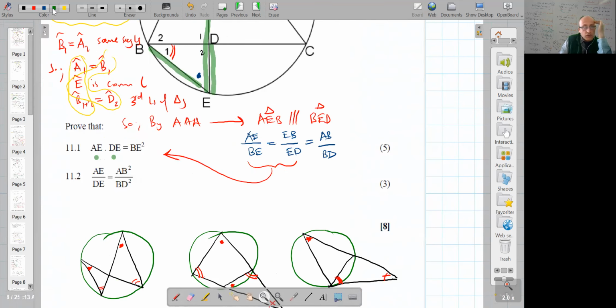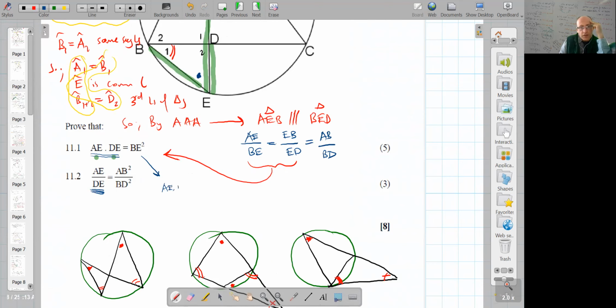What am I going to do to be able to use the previous step? Remember, this left side is AE times DE, but that left side is AE over DE. You know what I will do to get the one on the left? I divide both sides by DE square.